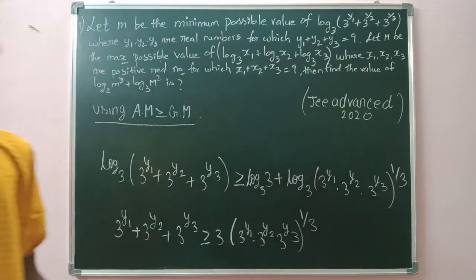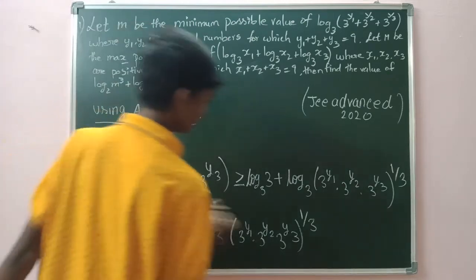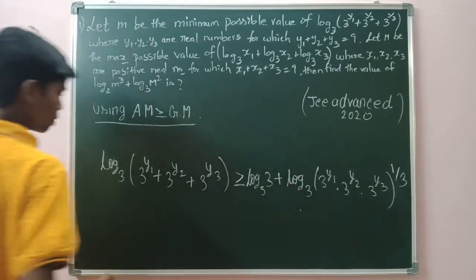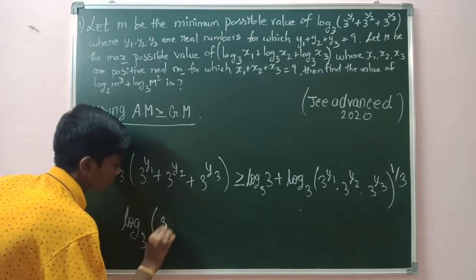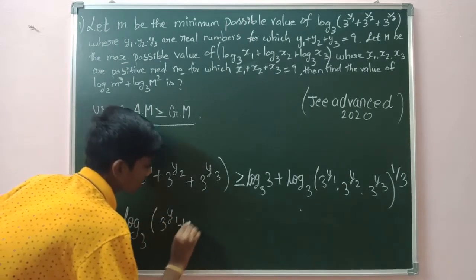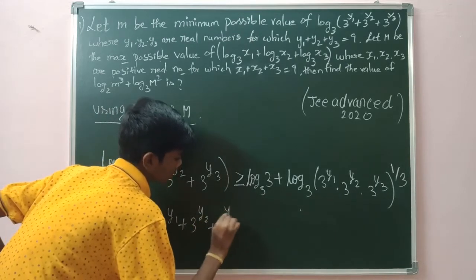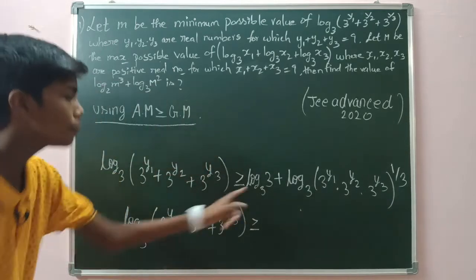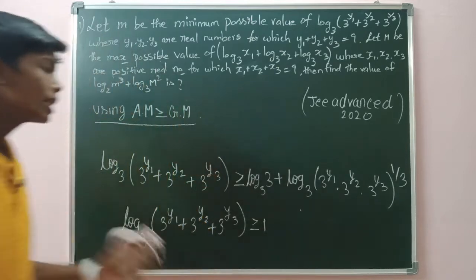Because it is a big question, guys, you should be very careful with the variables. If you make a single mistake, then that will lead to a very different answer. Okay, so now people, what I will get is log to the base 3 of (3 power y1 plus 3 power y2 plus 3 power y3) will be greater than or equal to, listen, log to the base 3 of 3, which will be nothing but 1, because log to the base a of a is 1.